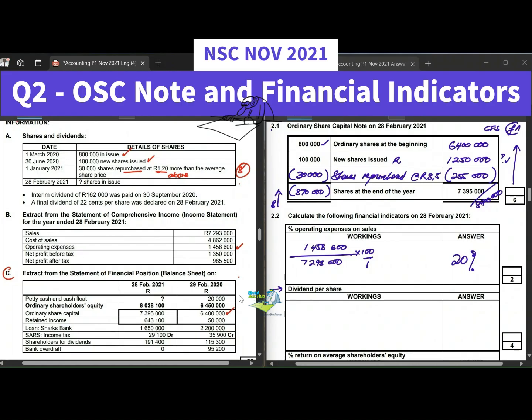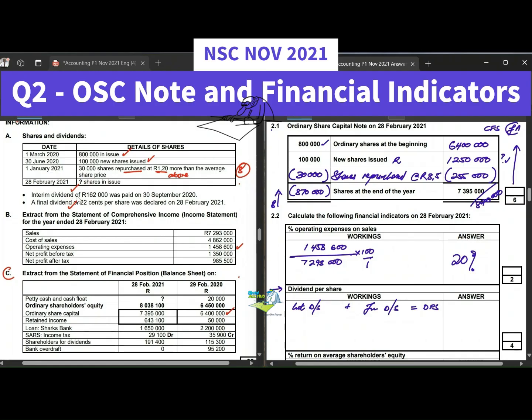In other words, you have to calculate your interim dividend separately and your final dividend separately. So my interim dividend per share plus my final dividend per share is equal to my dividend per share, which is what I want to calculate here.